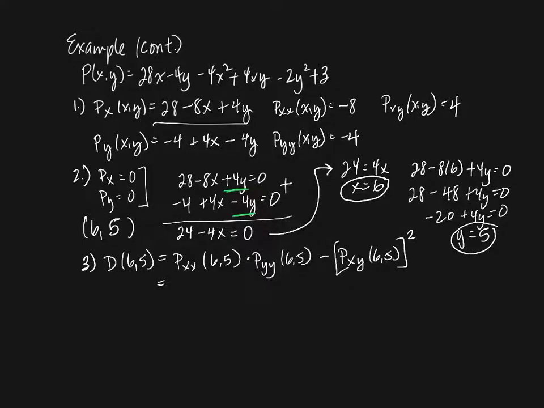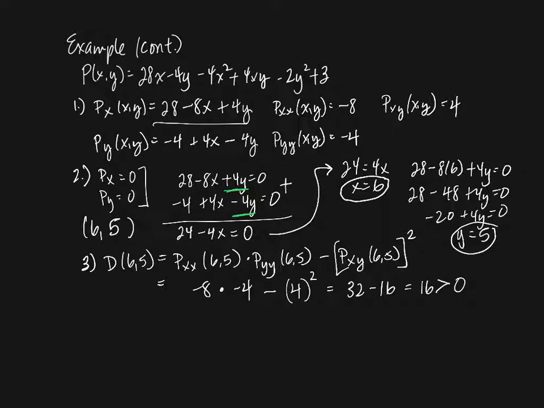Okay. All right. Second partial with respect to x is negative 8 times second partial with respect to y is negative 4 minus the mixed partial, which is 4 quantity squared. So negative 8 times negative 4 is 32 minus 16, which is 16, which is positive. Okay, good. We'd be really upset if this was a saddle point, if that came out negative.